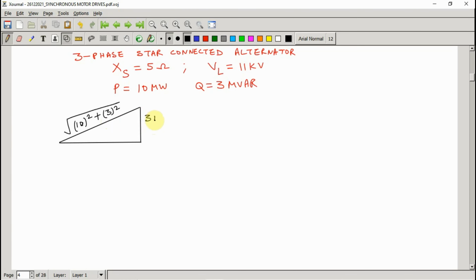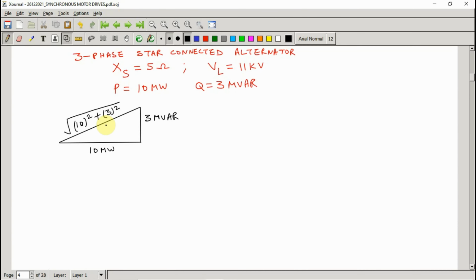This was your 3 MVAr, and this was your 10 megawatt. So from this you can find out the apparent power.